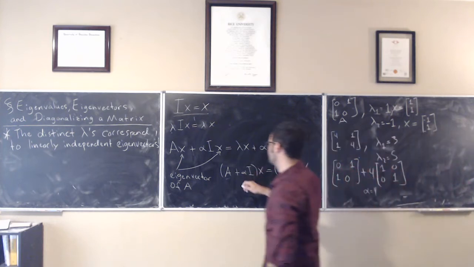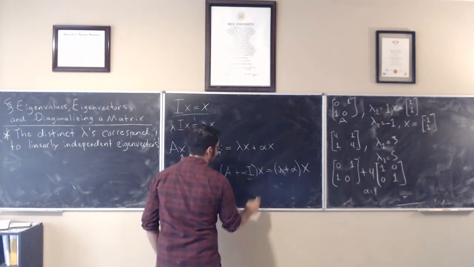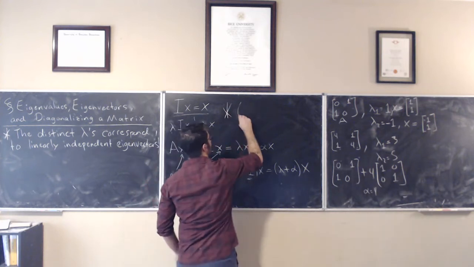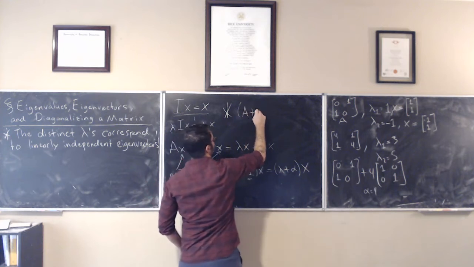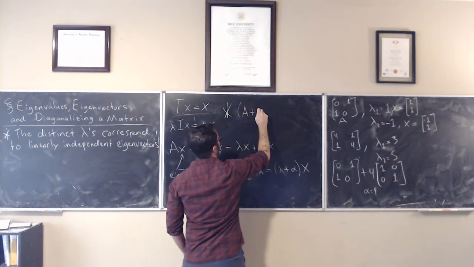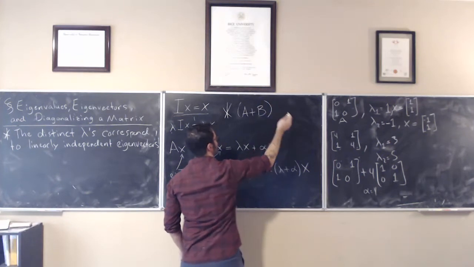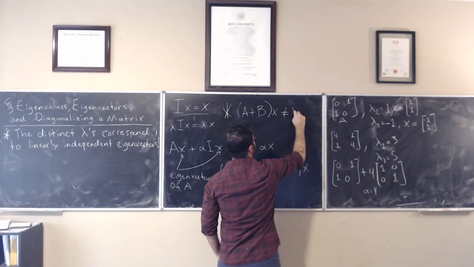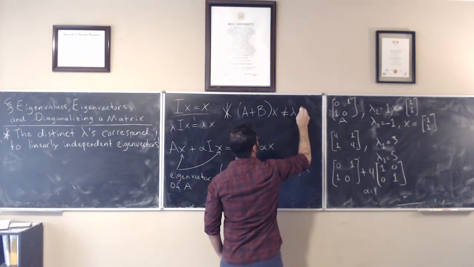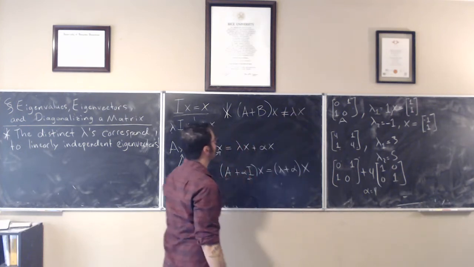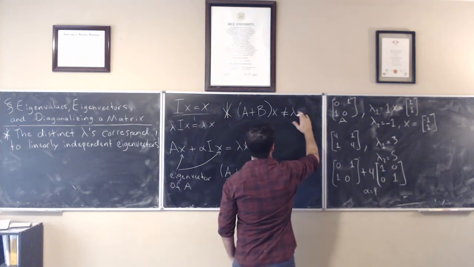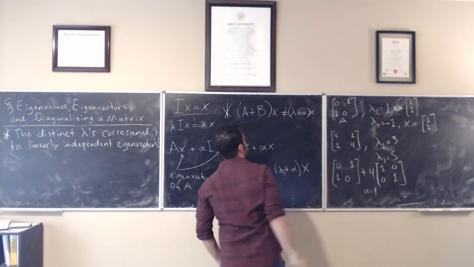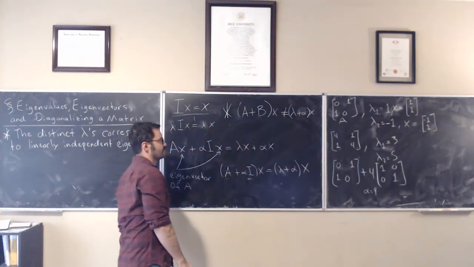But in general, this is only for the identity matrix. In general, it's important to note that for a matrix B, that's not going to hold, right?